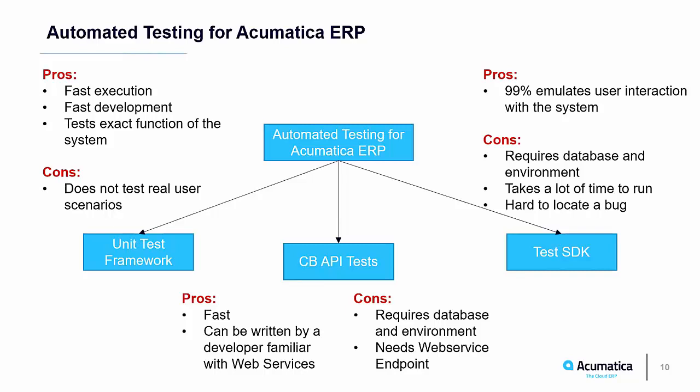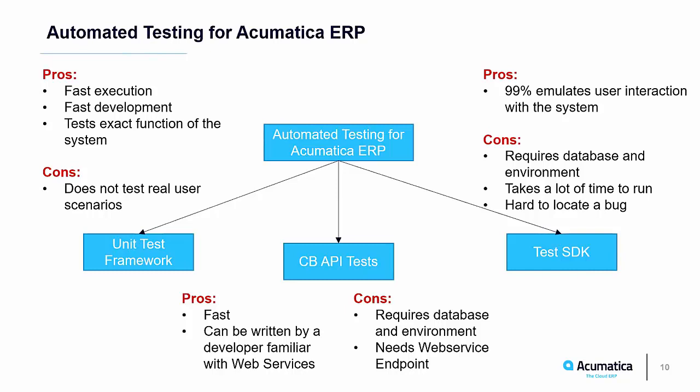Then in the middle here we have contract-based API tests. I put these tests in the middle because, first of all, it is a real integration test. These tests are testing the system as a complete piece. However, it doesn't go through the UI, so it doesn't really test the user interaction with the system.